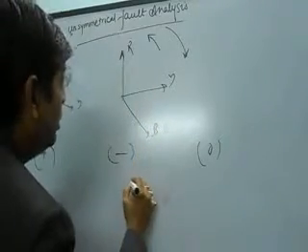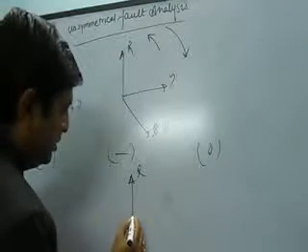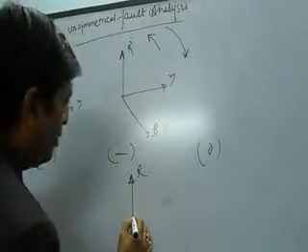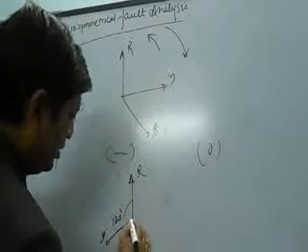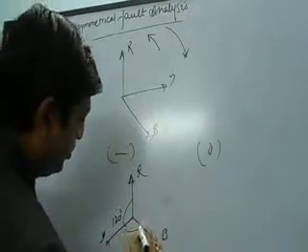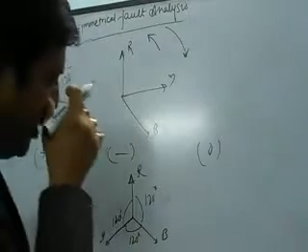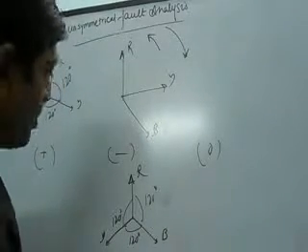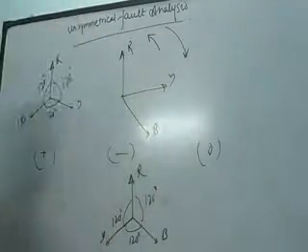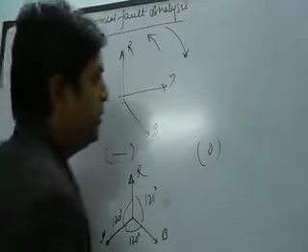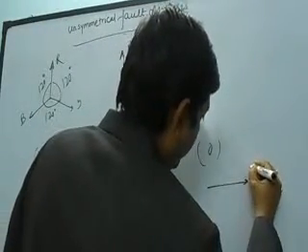Now for the negative sequence balanced vector, we have to consider the clockwise direction. Considering the clockwise direction, let's draw R phase first, R. Next Y will come, having a phase difference of 120 degrees. Next B will come, with a phase difference of 120 degrees. So this is the negative sequence balanced vector.